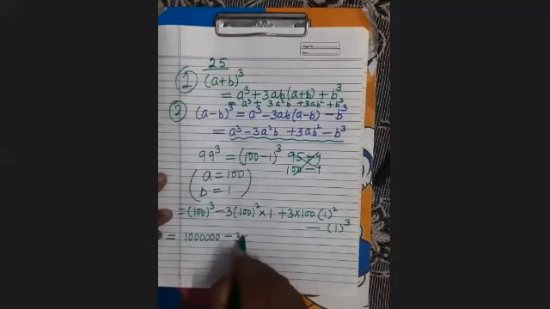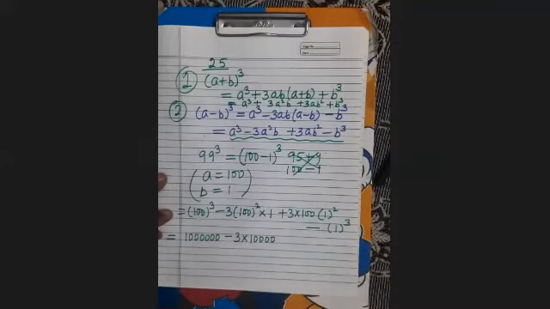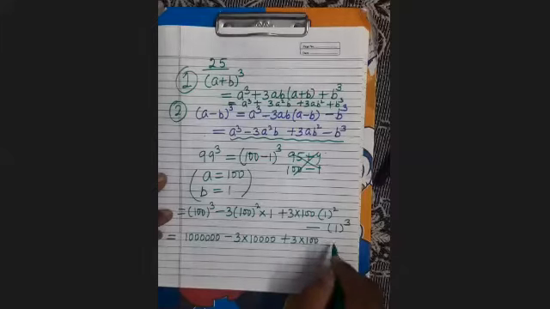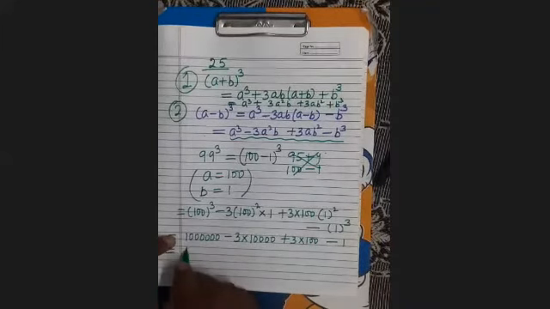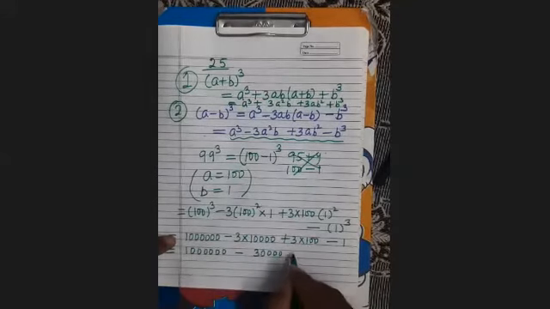Minus 3 into 100 square means 4 zeros. Plus 3 into 100, minus 1 cube means 1 into 1 into 1. So see here, it will be minus 30,000 plus 300.